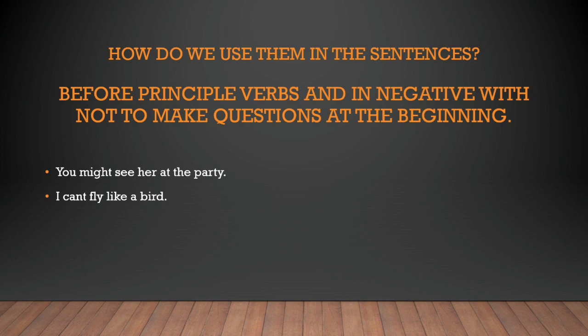To express the absence of ability, we use here cannot. In contraction, in the short form, we use can't. That's why can't is used here in the absence of ability. Okay.